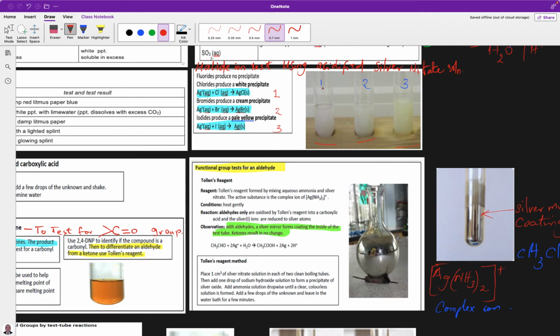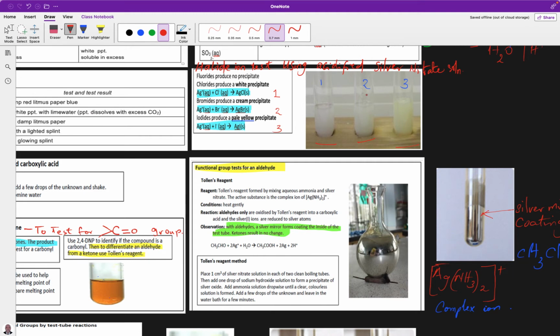Automatically, the silver ion liberated in the reaction will react with the chloride ion in 1, and there will be the formation of a silver chloride precipitate. That precipitate is a white precipitate. It indicates the presence of a chloride ion.